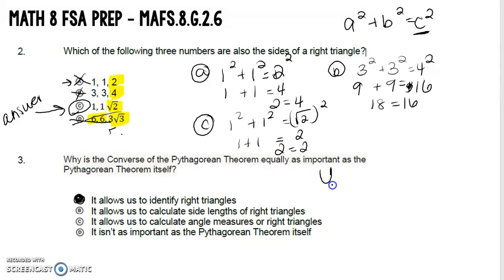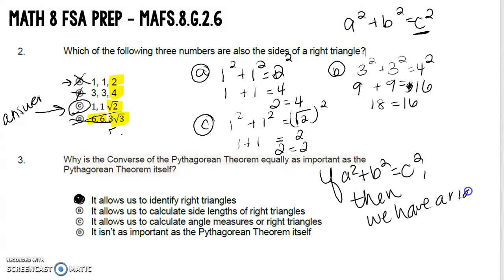So if a squared plus b squared actually equals c squared, then we have a right triangle, which is what we did in number 1. So in order to be a right triangle, a squared plus b squared has to equal c squared.